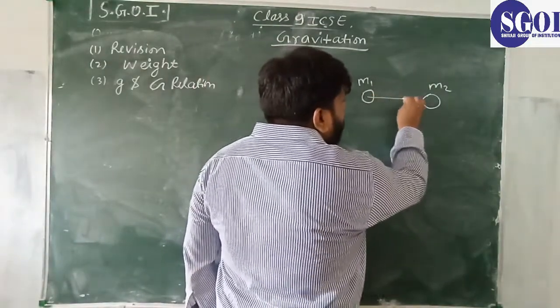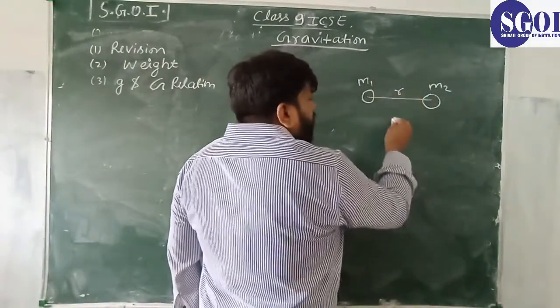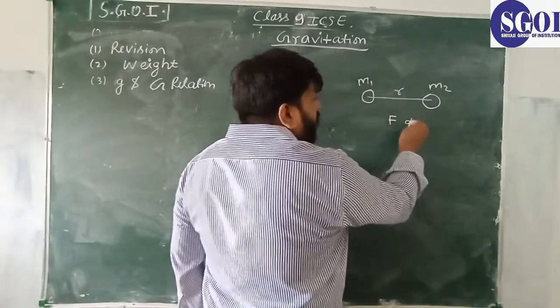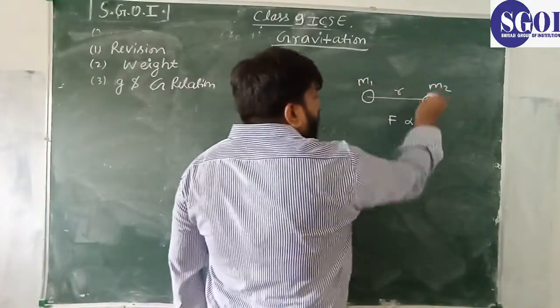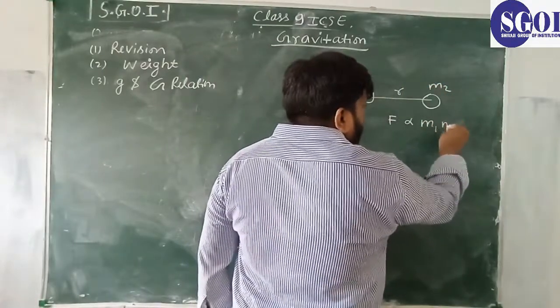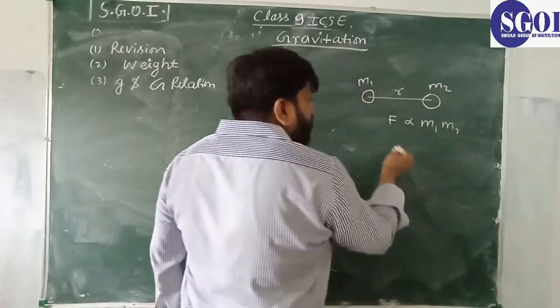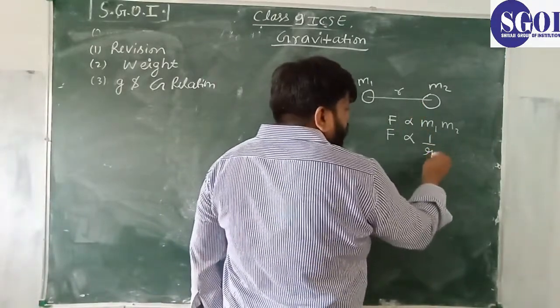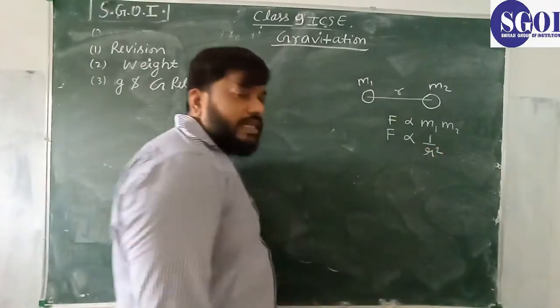If the distance between their centers is r, then the force of attraction F is proportional to the product of their masses, that is m1 into m2, and the force is inversely proportional to the square of the distance between their centers.